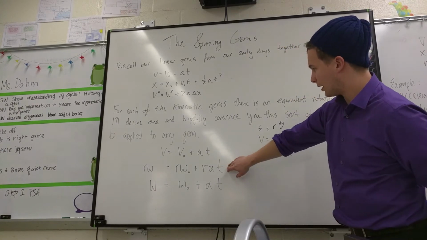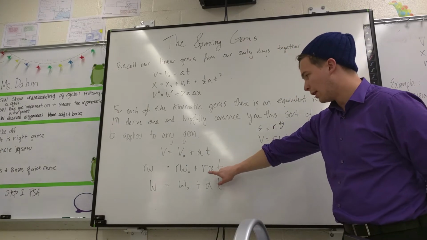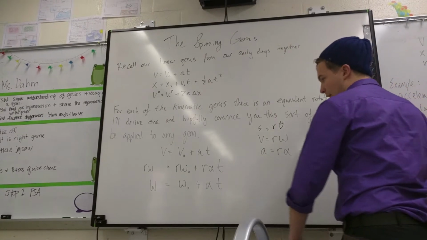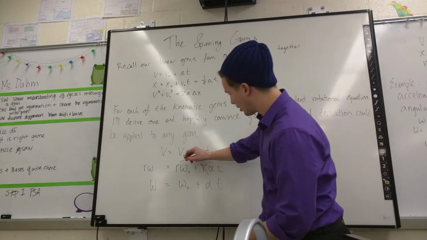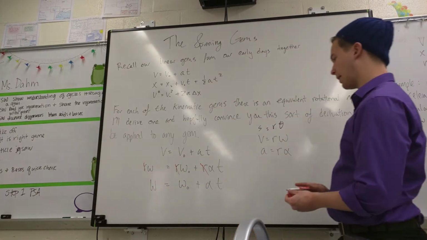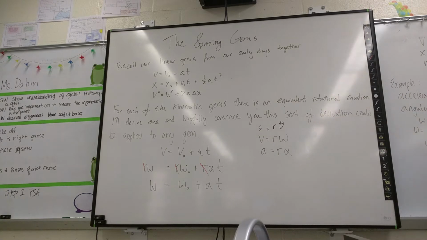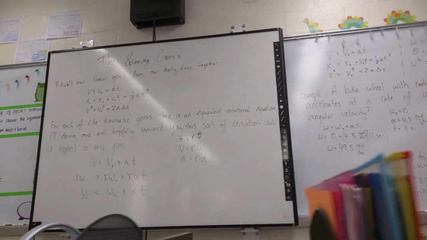And if I plug in for acceleration as well, then I notice that every single term has an r in it, so I can divide everything by r, which will cancel all of them out, so I'm left with that expression. If I did that for the next two equations, then I would get something like this.